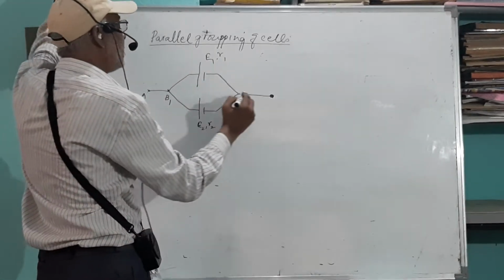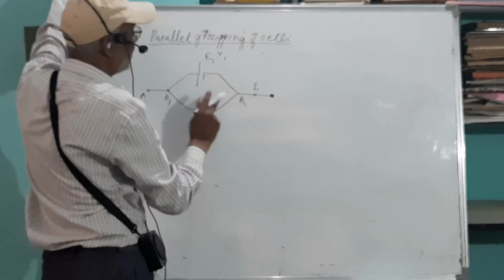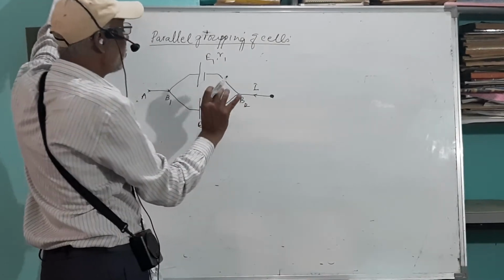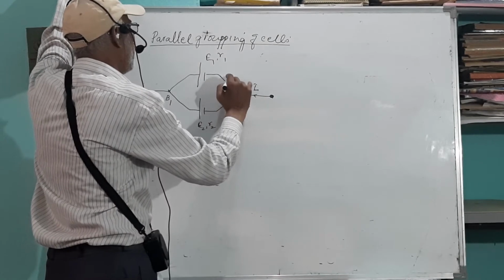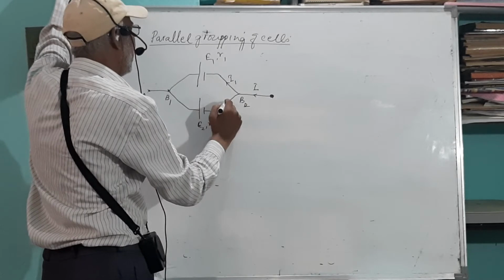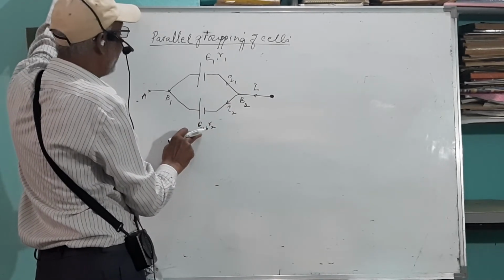See here, the main current, say I ampere, enters at the junction B2. So it is going to divide into two branches. I1 ampere flows along the first cell, and I2 flows along the second cell E2.